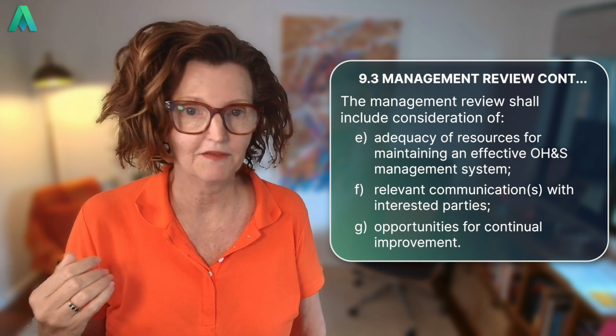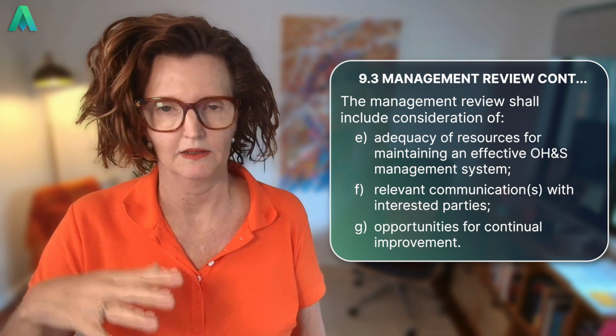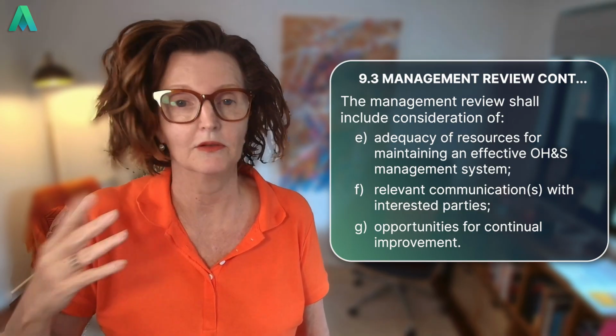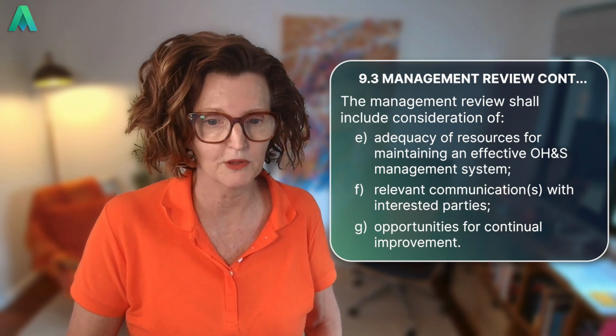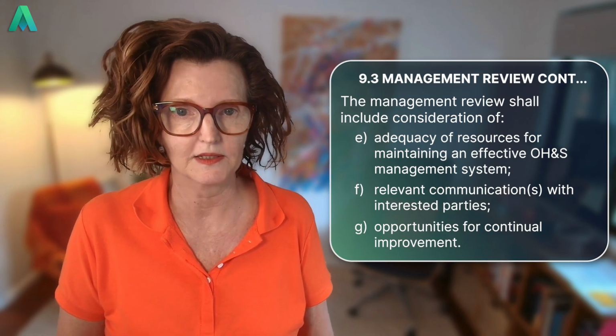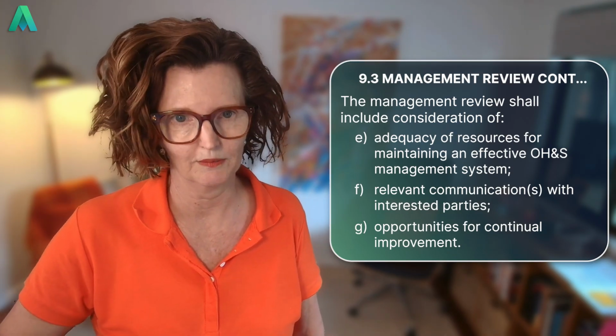Okay, have there been any gaps? It could be competency gaps as well. It's just a general check, and you might find that these are recorded as a non-conformance or an improvement opportunity. So you might find these gaps have already been identified. Now it's about what are we doing about it.